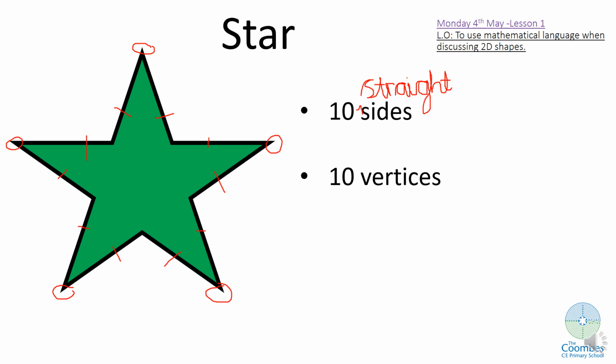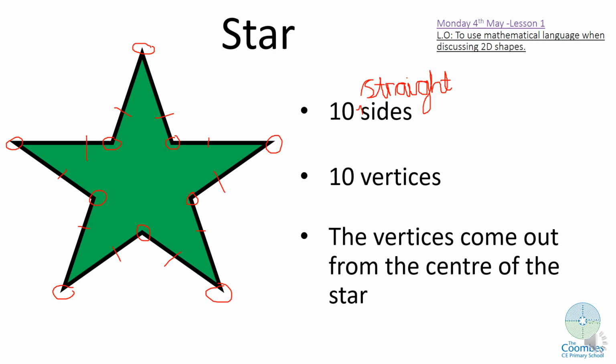So if you have a look here, there's a side there and a side here. And if you just have a look, there's a pointy bit there. So I had 5, and I'll put 5 in my head, and then I can count on. So 5, 6, 7, 8, 9, 10. So a star has 10 vertices.